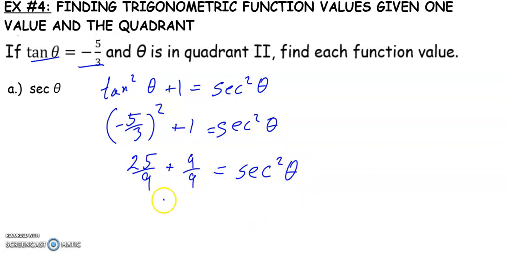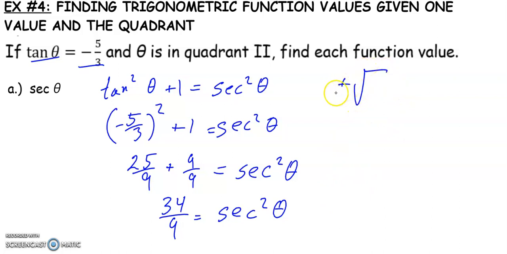Let's combine my fractions. So we're going to get 34/9 equals secant squared theta. I wasn't asked for secant squared, I was asked for secant. So to find secant, I am going to have to square root both sides. So I'm going to square root 34/9.